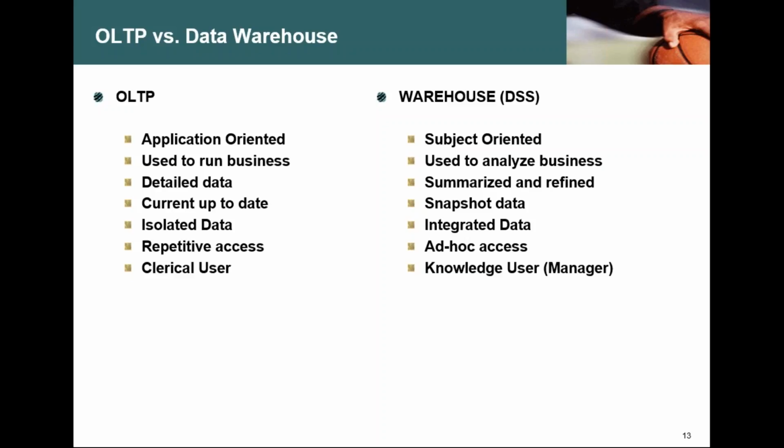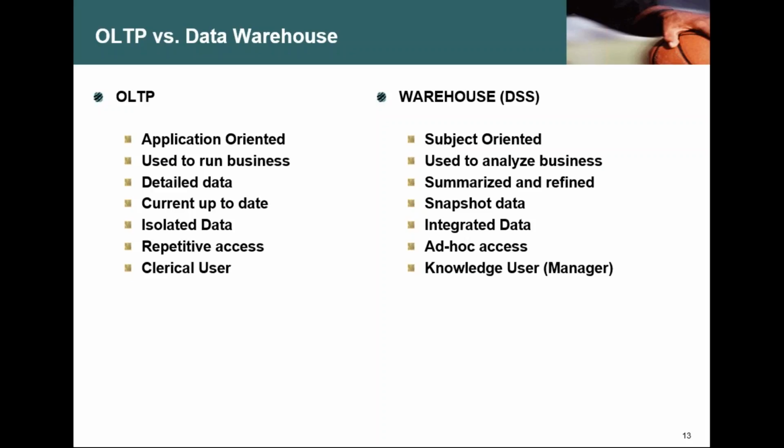Current up to date. Coming to the OLTP, whatever data you are putting in the OLTP is up to date, whatever happened today, or yesterday, or one week, or one month. That all depends on what kind of system your business wants to make, but this is a specific timeline. But the warehouse is kind of snapshot data. Whatever happened today, you are going to store into the data warehouse tonight.